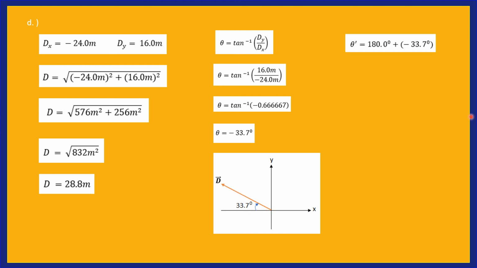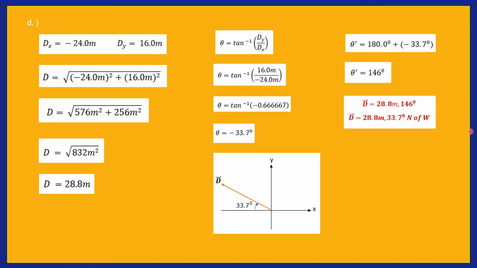That's why we can write the angle theta prime to be equal to 180 minus 33.7 degrees. It gives us theta prime, as measured from the reference line, of 146 degrees. So we can now write D to be equal to 28.8 meters in magnitude with a direction of 146 degrees, or 28.8 meters, 33.7 degrees north of west.